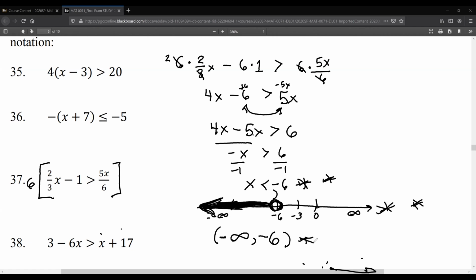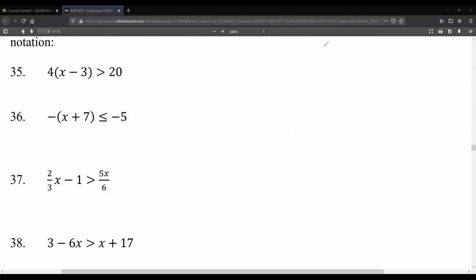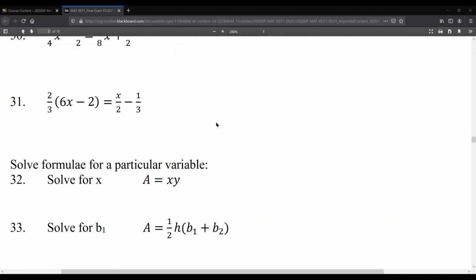No? Okay. Let's look at some of these graphing problems here. Let's clear this. They were on graphs.